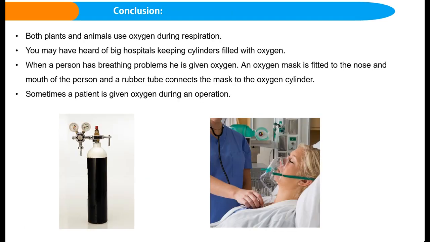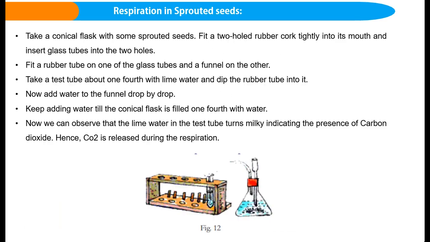And moving on to the respiration in sprouted seeds. To know the respiration of sprouted seeds, we have to do a small activity. Take a conical flask with some sprouted seeds. Already you know that the sprouted seeds are nothing but the germinating seeds.